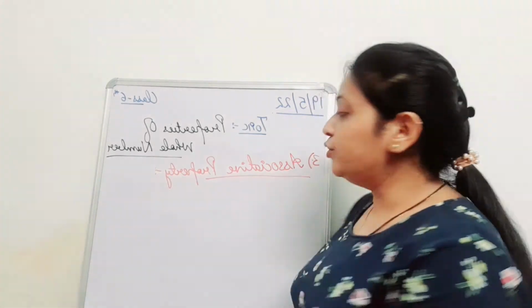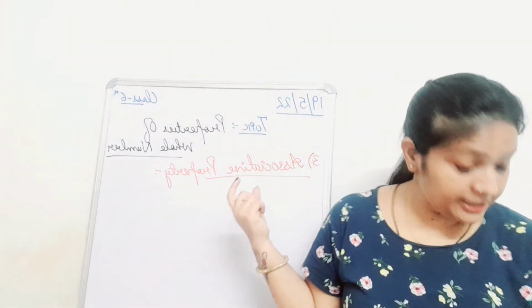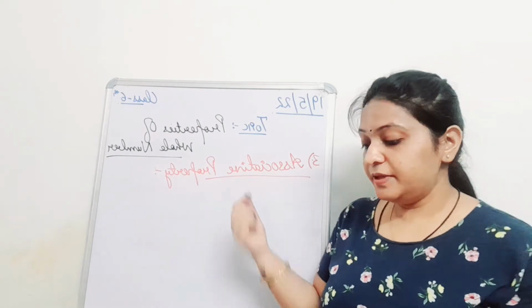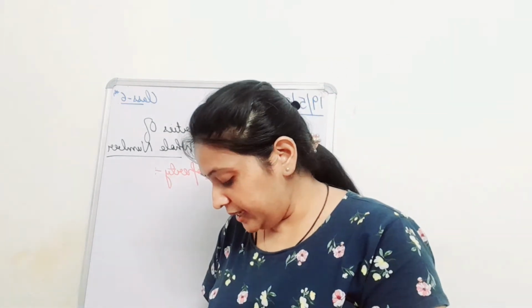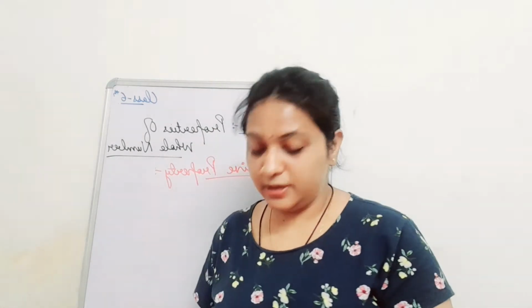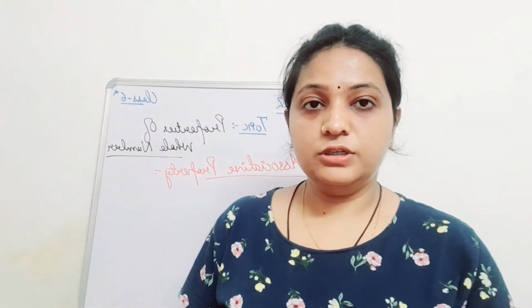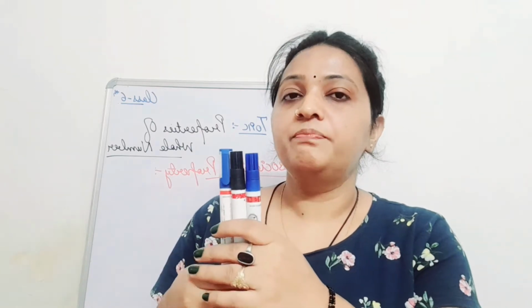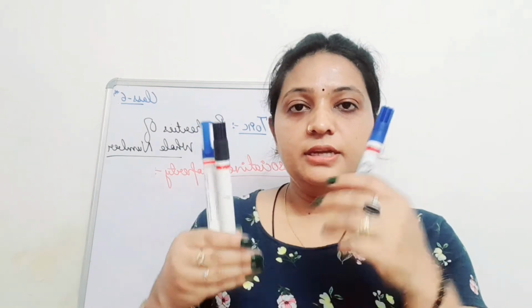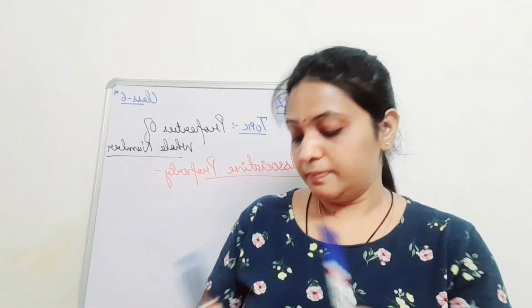Now, what do we mean by the associative property? We will find out. If I show you markers again, let's see what will happen here. I have to count the markers in my hand.